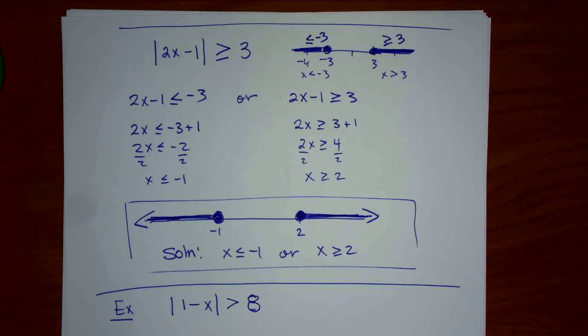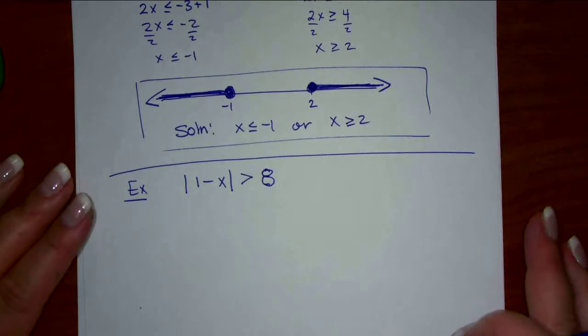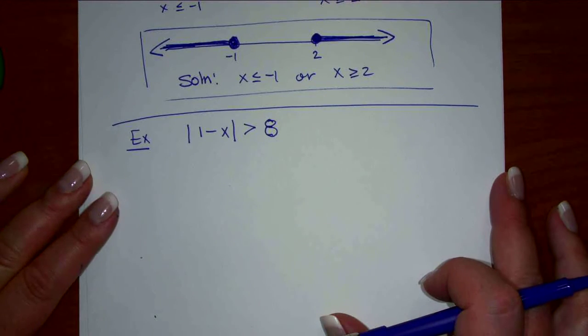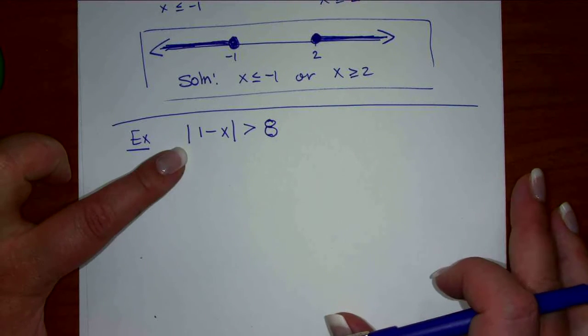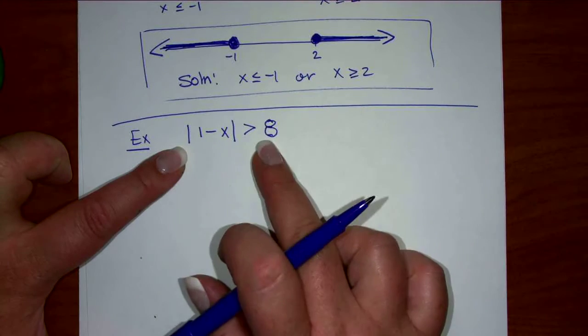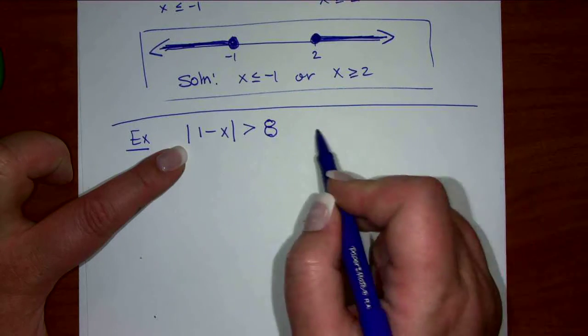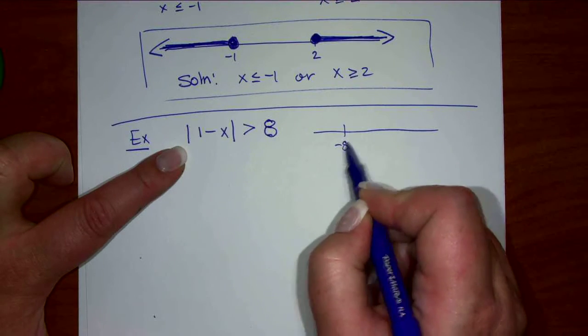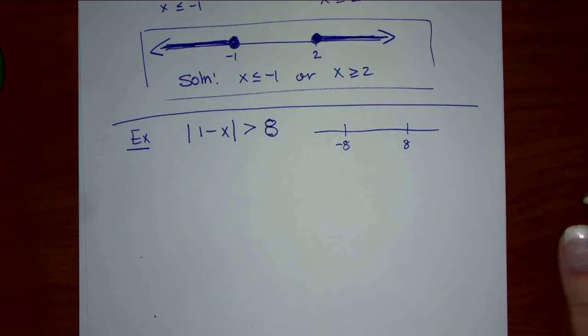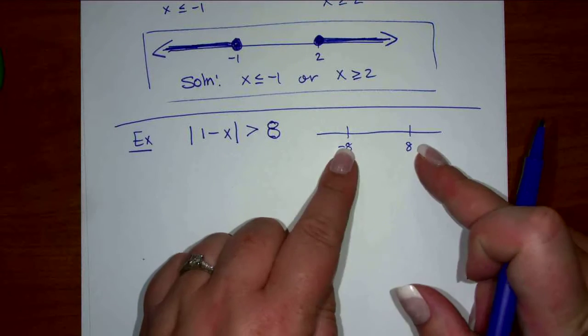Okay, so let's try this one. So step one, draw a little number line with 8 and -8 in it. So -8 and 8, because it's an absolute value, so we get those two answers. So then what? Is it going to be in between those two or outside of those two?